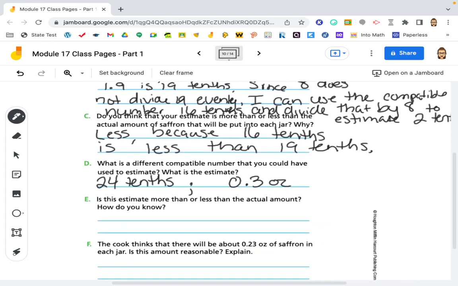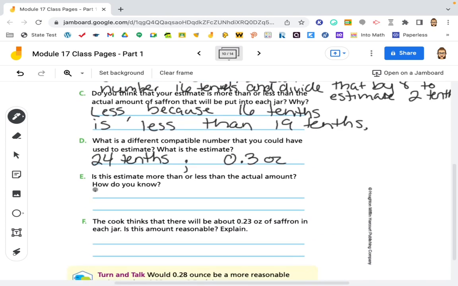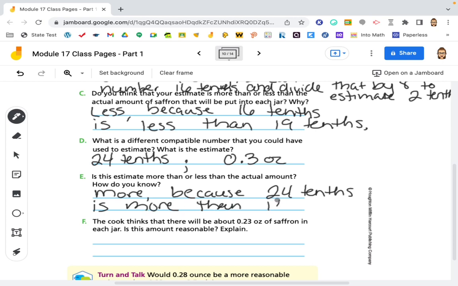So is this estimate more than or less than the actual amount? This would be more than, because 24/10 is more than 19/10.